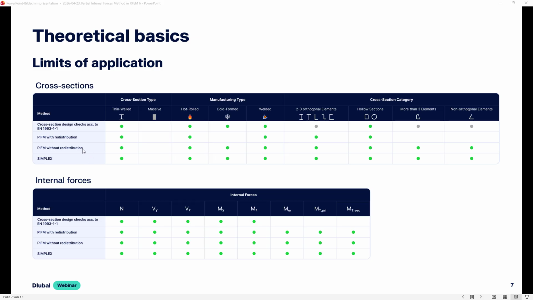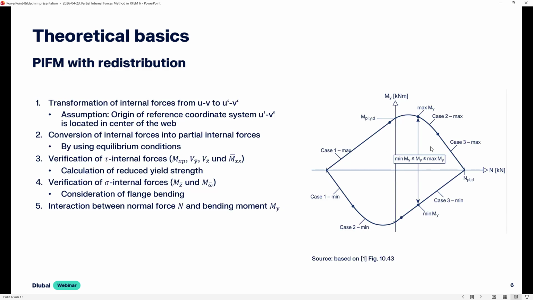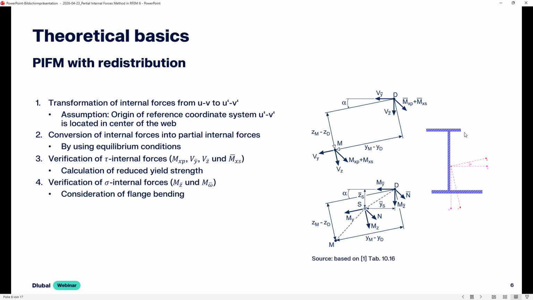PIFM without redistribution is basically the same as PIFM with, but if we reach the maximum allowable stress, which would be the yield strength, in one rectangular section part, let me go back to this image here.